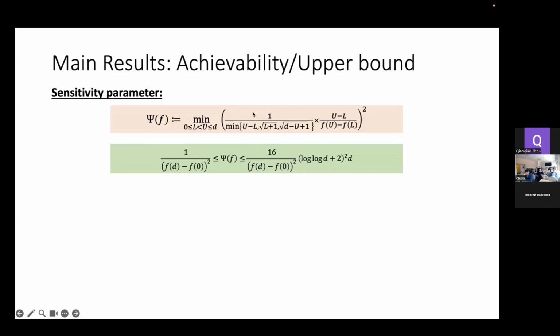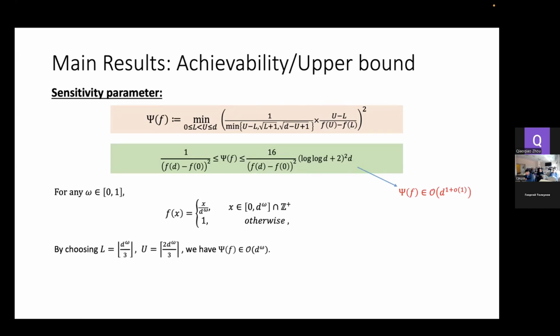This part corresponds to the numerator term, and this part is the inverse of your slope. So the larger the slope, the larger the sensitivity parameter. We can bound that for any monotone test function, the sensitivity parameter is always no larger than big O of d.